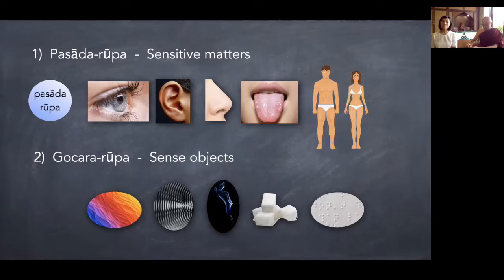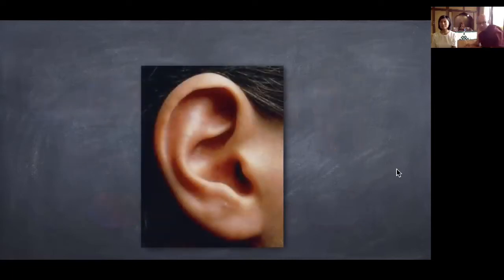So today we will start from the other pair, which is ear sensitivity and sound. And then we'll go pair by pair with a little bit more detail. This is the matter that is perceived by the sensitive matter of our body. Matter touching matter before it becomes consciousness, before the mind knows it.